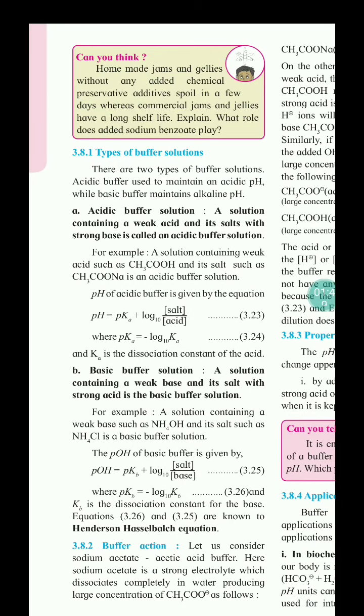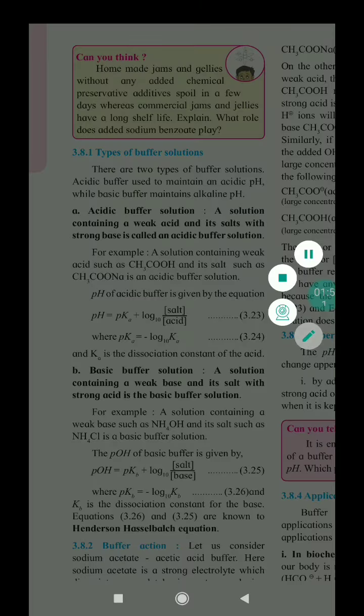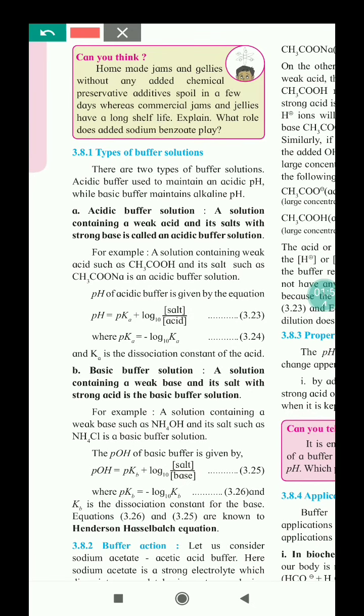Weak acids are acetic acid, formic acid, and so on. The strong acids are sulfuric acid, hydrochloric acid, and nitric acid. Other than these, all organic acids are weak acids.